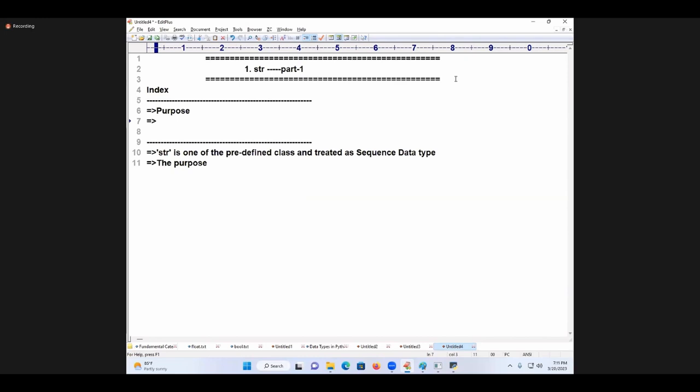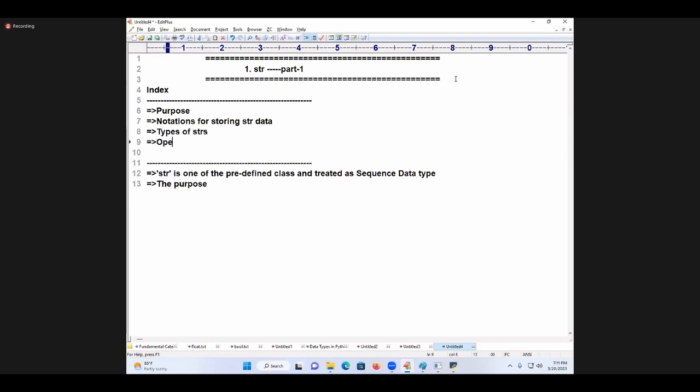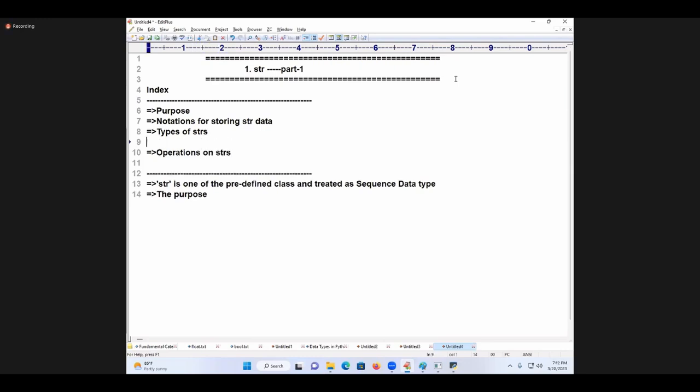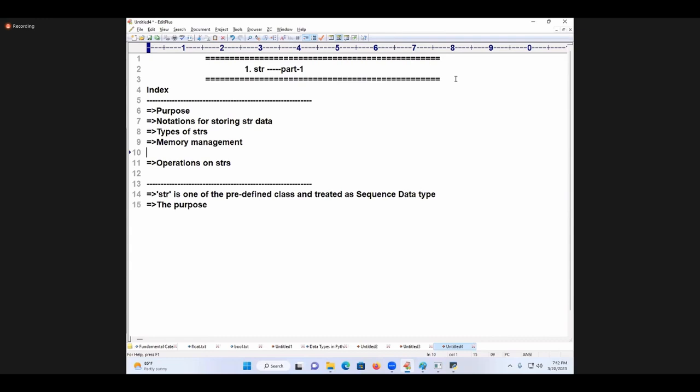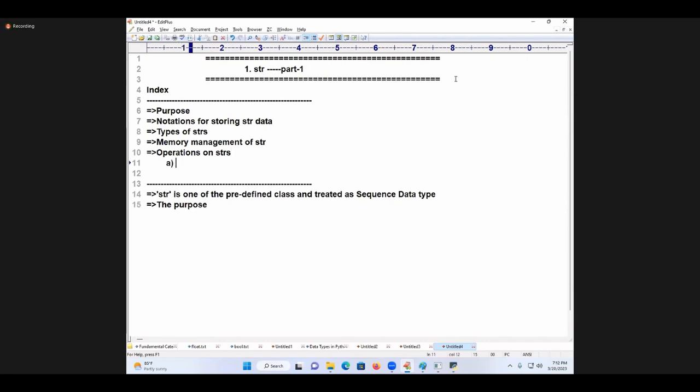Next, the notations for storing STR data, types of STRs, and before that, memory management of STR, and then operations on STR.